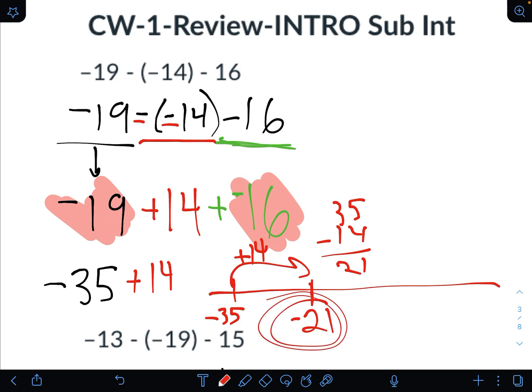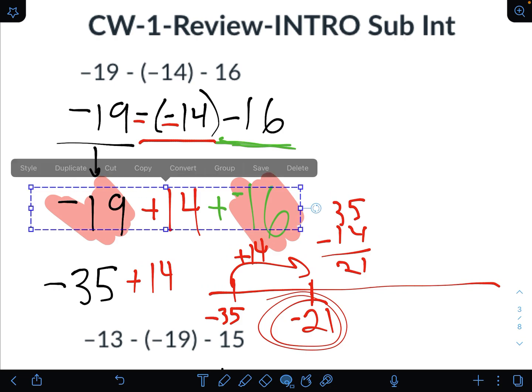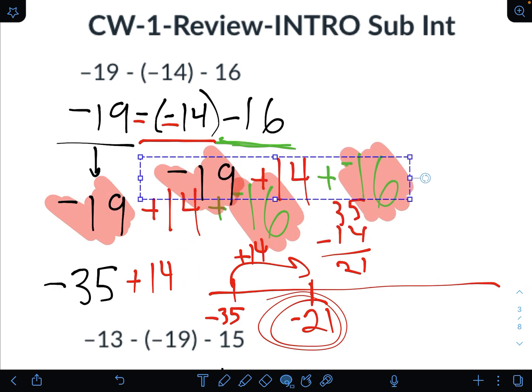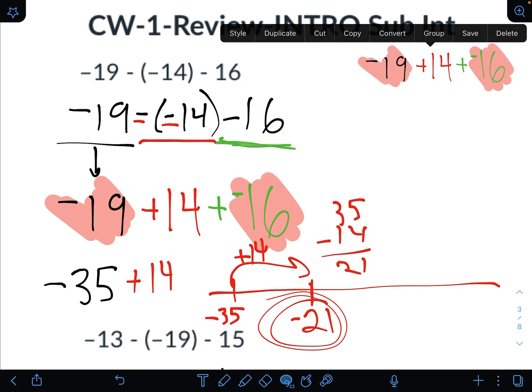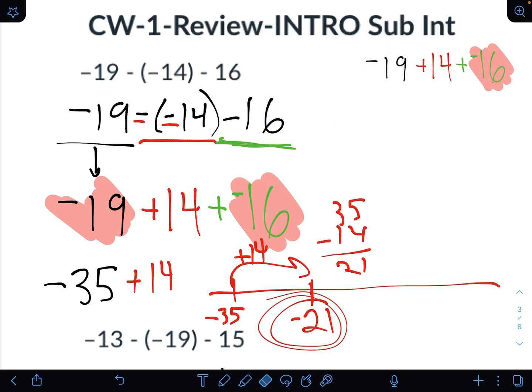Now, if you didn't want to do it that way, what you could do is just go left to right. Let's say you have the problem, and now you just do it left to right, which is fine too. Both is great. Negative 19 plus 14.